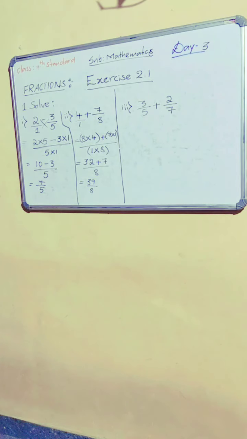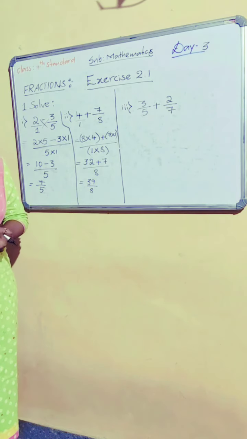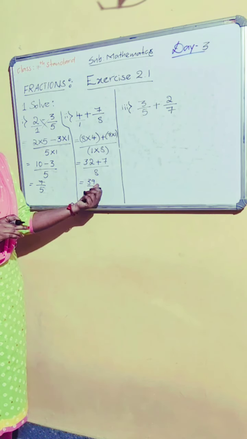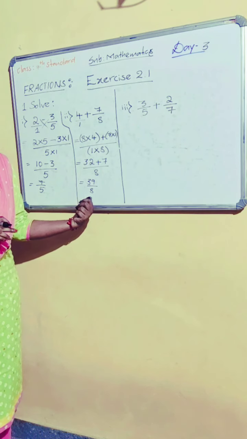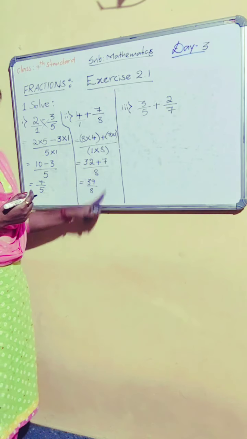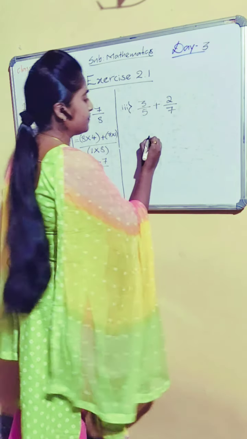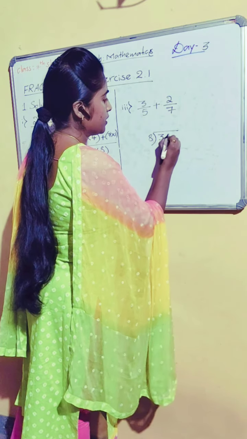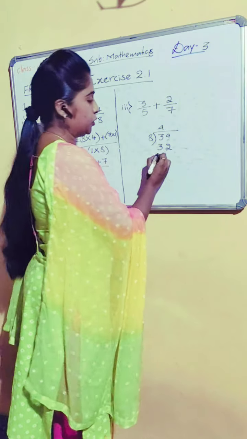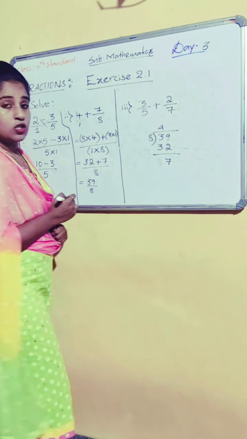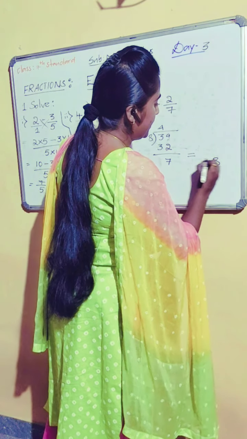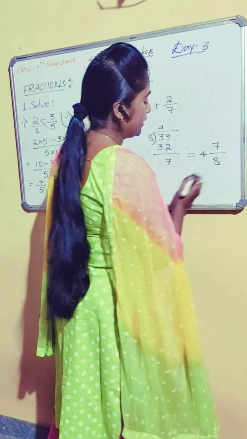How can you represent this fraction as a mixed fraction? Since the numerator is greater than the denominator, it is an improper fraction. Improper fractions can be written as mixed fractions, so you just do the division here. 8 into 4 gives 32, and the remainder is 7.